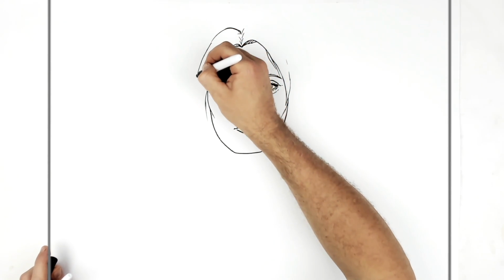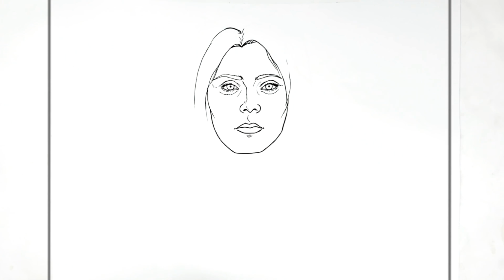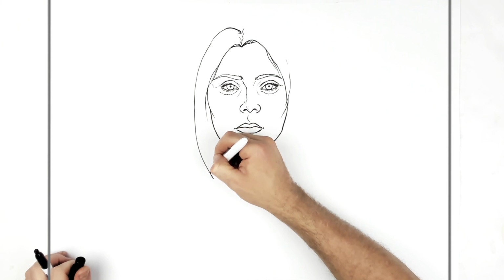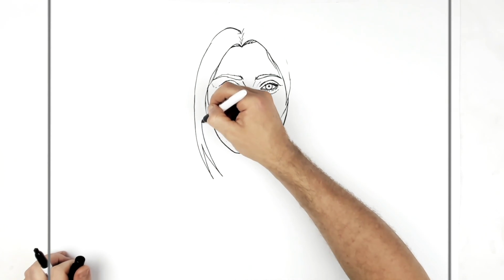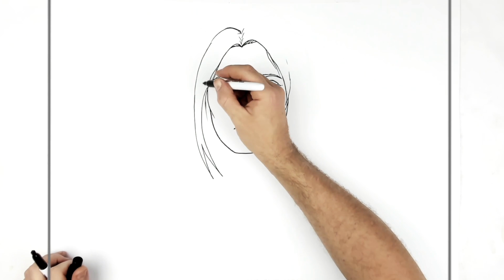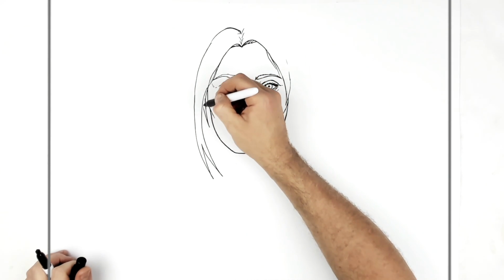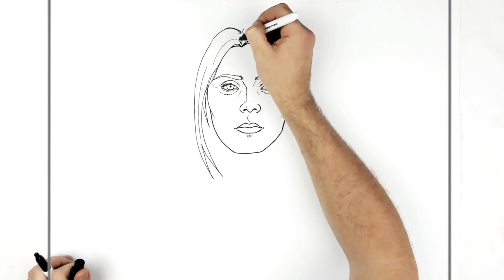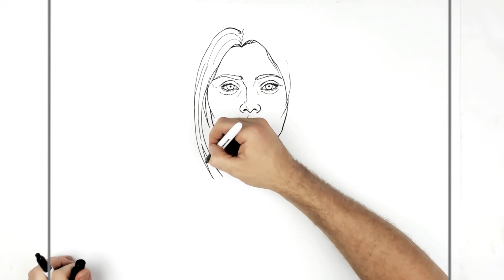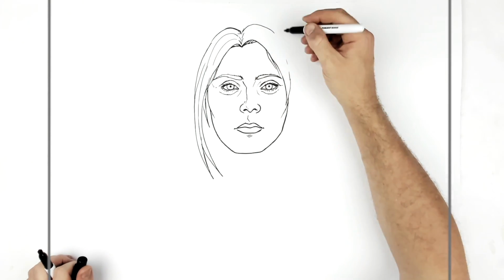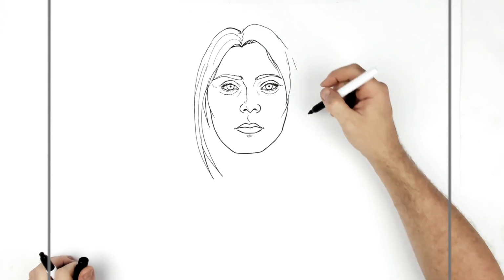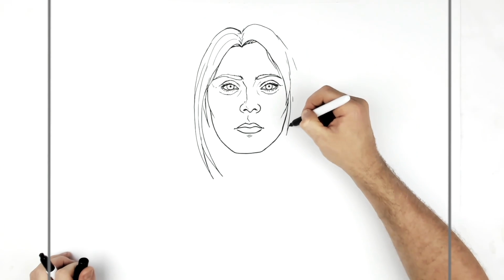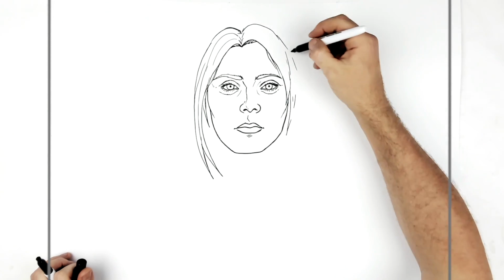So it goes down around her face this way first. Her hair isn't as neat as I'm drawing it, but there's no other way of doing it really. So all these texture lines on the hair as well. This is her fringe.